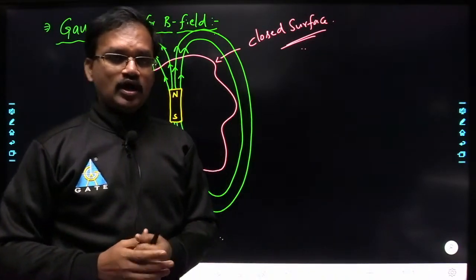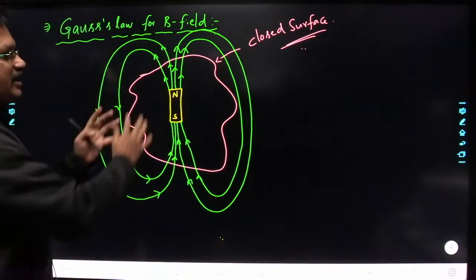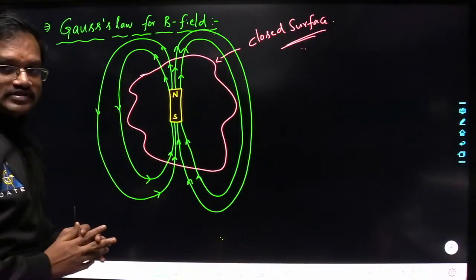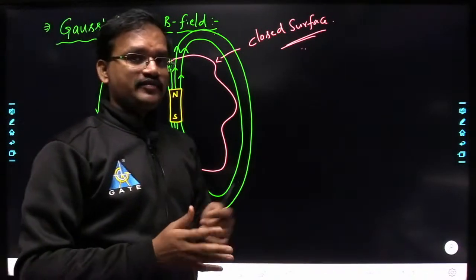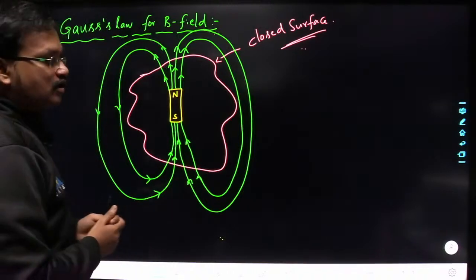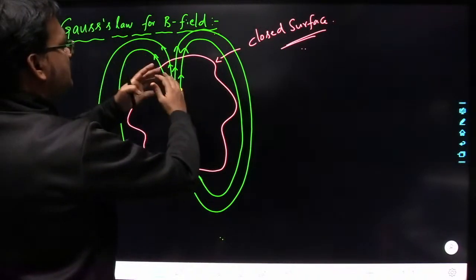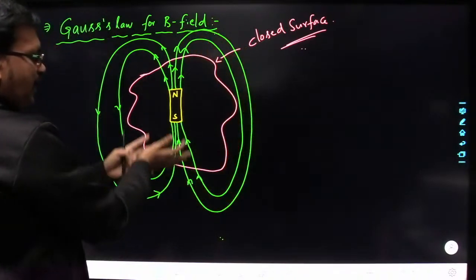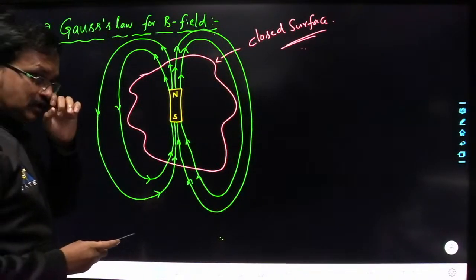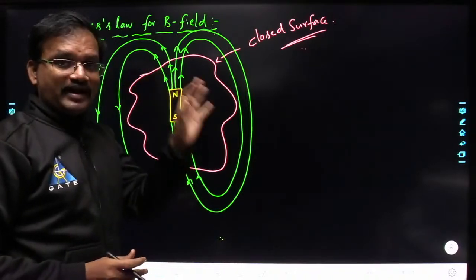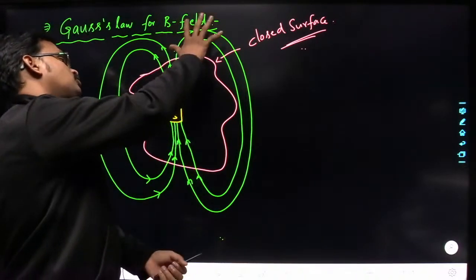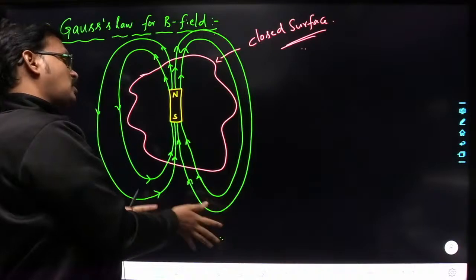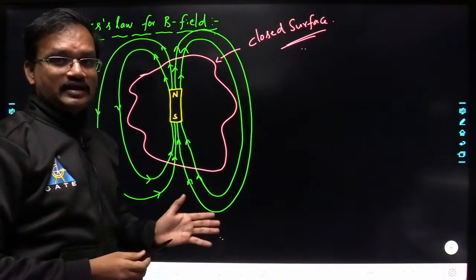Yes or no? Okay. So now in this case, what is the net magnetic flux that is leaving the closed surface? If you observe, whatever the number of field lines that are leaving the surface, the same number of field lines are again entering the surface. So whatever magnetic field lines leave from the north pole, the same field lines are again entering at the south pole.